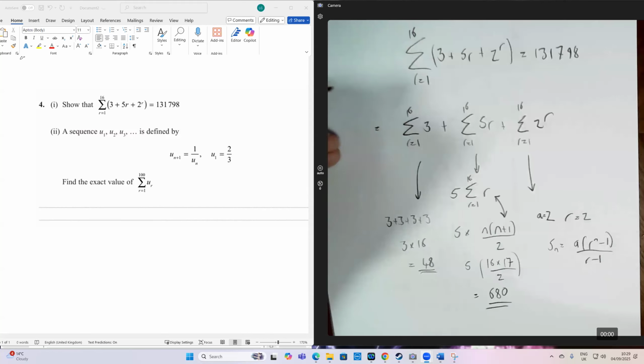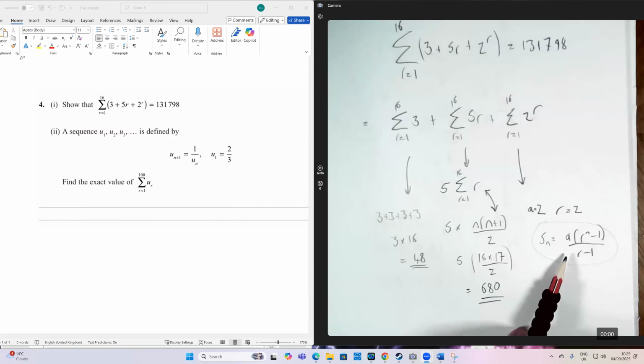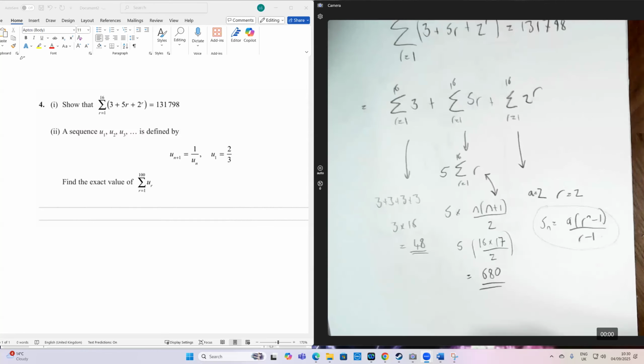There are two different versions of the summation formula for geometric series. You can see it that way, or with these two terms swapped around. We use this version just because the 2 take away 1 means that we don't have to deal with the negative. They're both equivalent and they both will get the right answer.